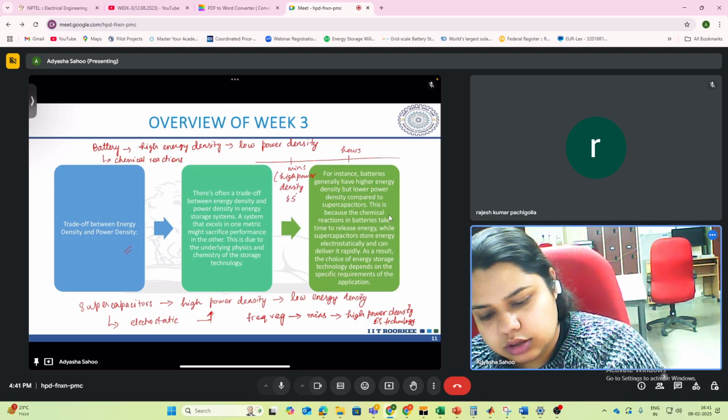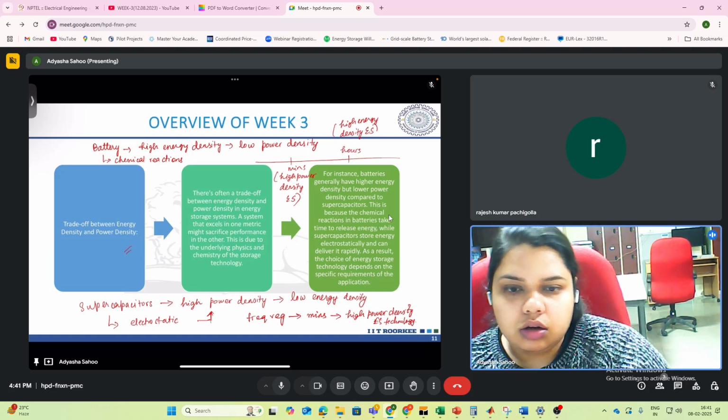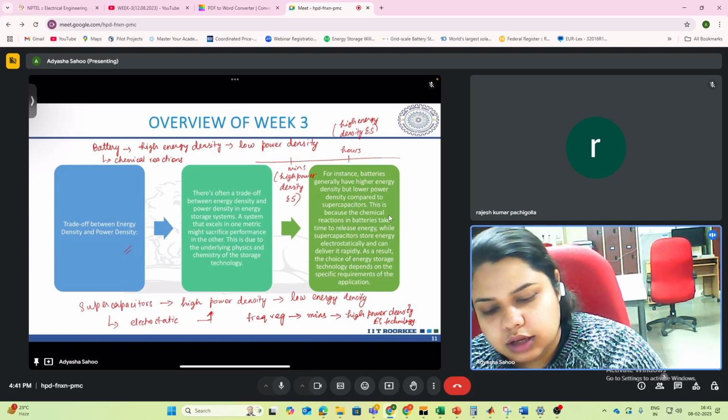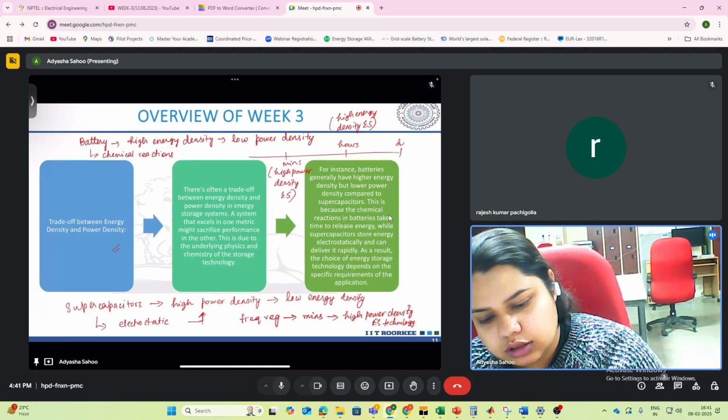For longer durations, we have high energy density applications. And furthermore, if you want to store for longer, let's say days together, days or months, then we have days.